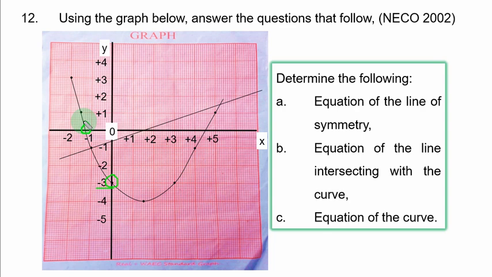Here, when s is -1.3, y is 0. This is another root. When s is 4.5, y is also 0. These are the 3 points I have mentioned in solution C.